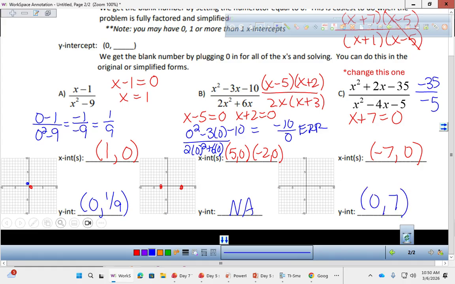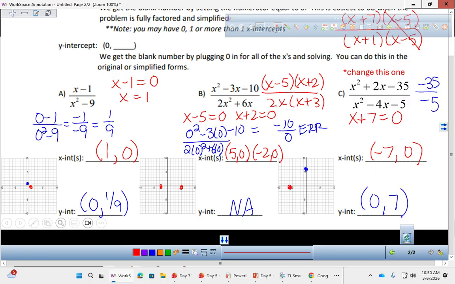If I plug it up here, 0 plus 7 over 0 plus 1, 7 over 1, I still get 7. If you're doing it in your calculator, you're just going to trace when x is 0 to see what y is. All right, so on this one, we're going to have a y-intercept at 7, and an x-intercept somewhere over here at negative 7, which is just going to make the graph even more accurate.